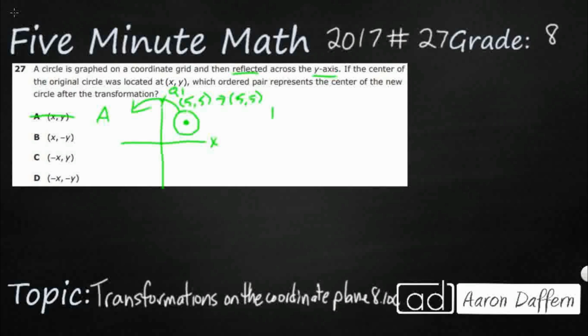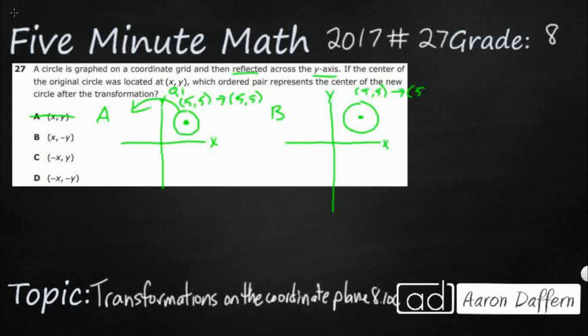Let's try B. All right, we'll do the same thing. There's our y-axis. We want it to flip across, and let's just call that 5, 5. Alright, so what do we have with B? It says that it's x, negative y. Okay, so the x stays the same, 5.